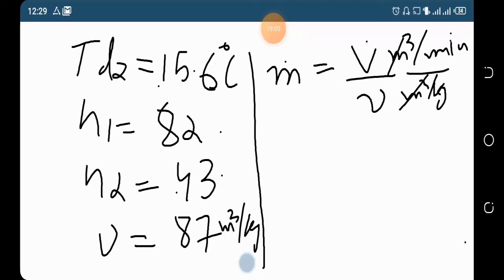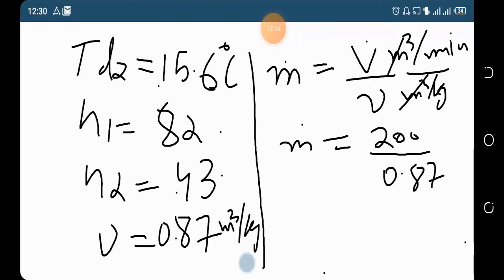So from this you can get the value of the mass flow rate: the volume flow rate is 200 divided by 0.87.